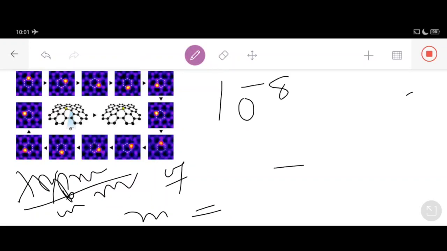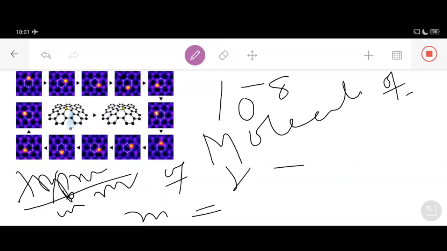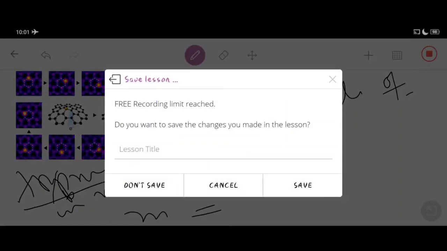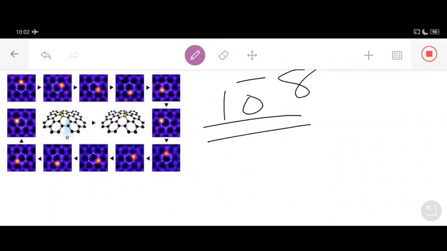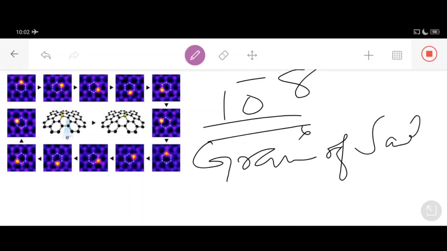Molecule of hemoglobin, 10 raised power minus 8 meter, my dear students. Let me tell you another example. It's a grain of sand.